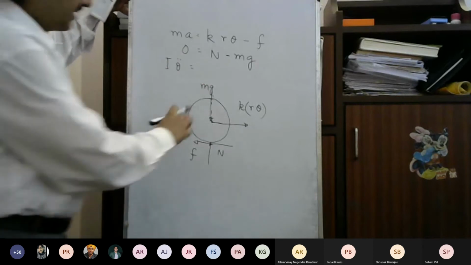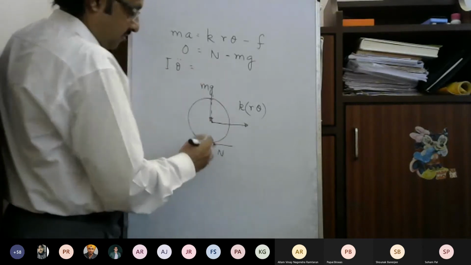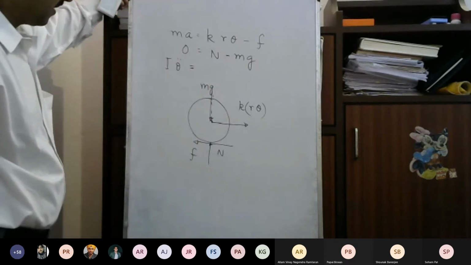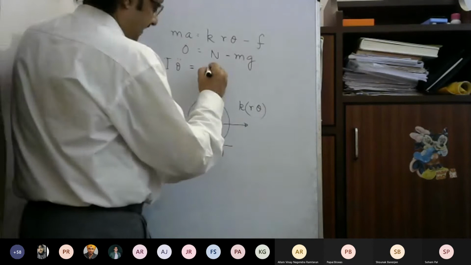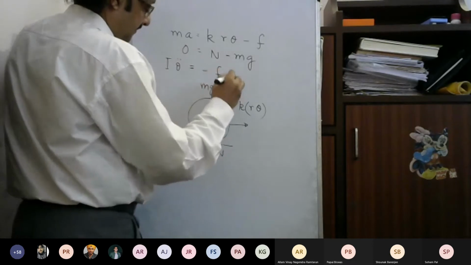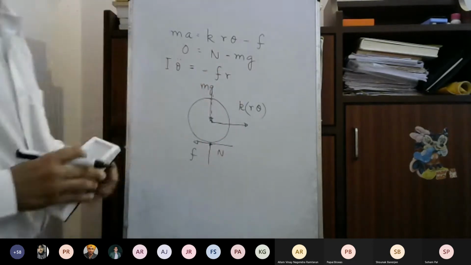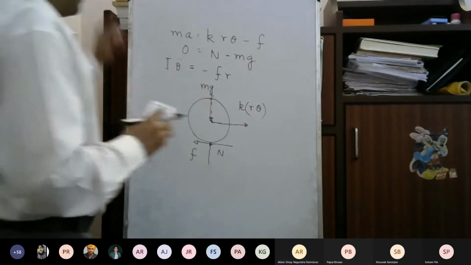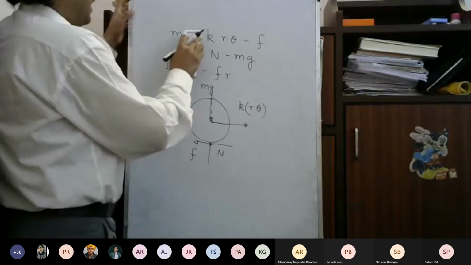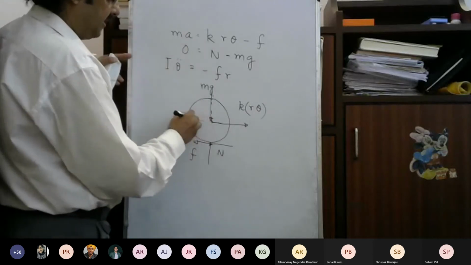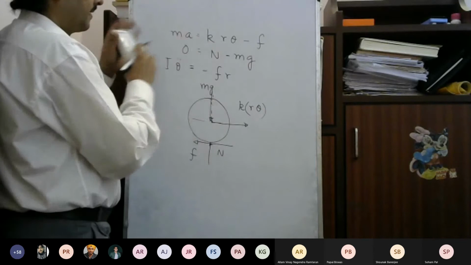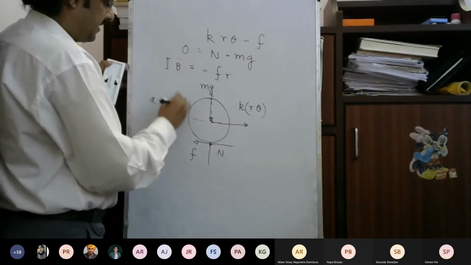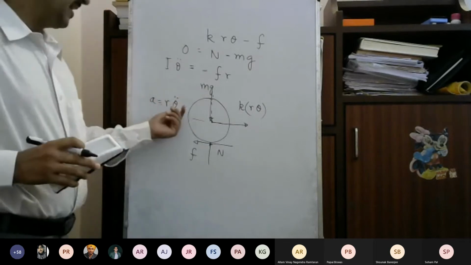This will be equal to N r, and on this one it will be equal to minus f r, right? Then a in this direction will be equal to r theta double dot, because x equals r theta and r is constant.